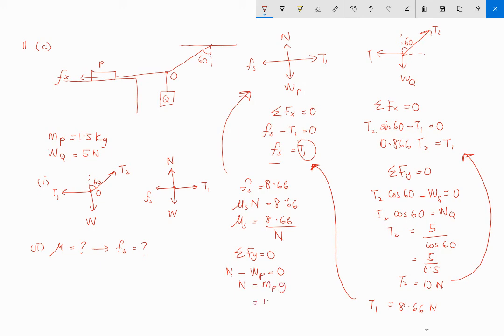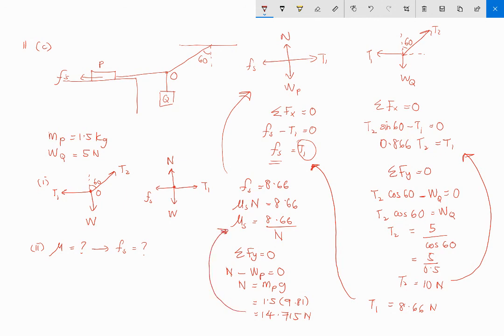So masukkan 1.5 darab dengan 9.81. So akan dapat 14.715 Newton.